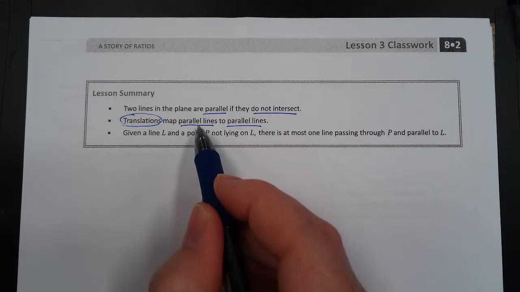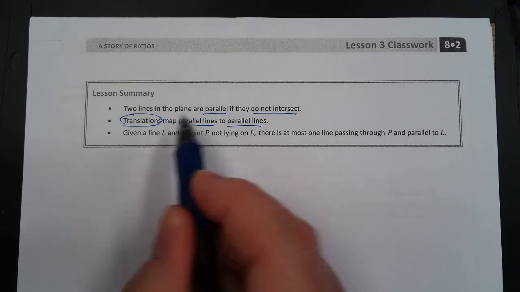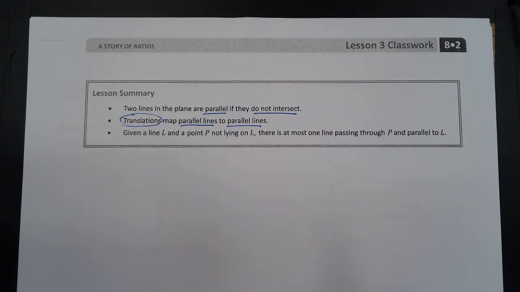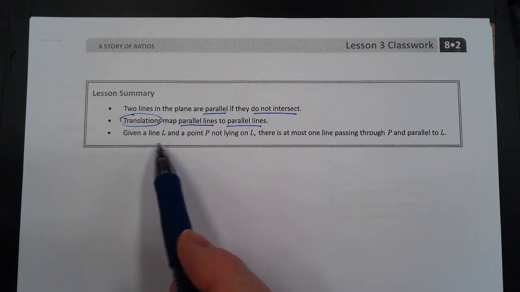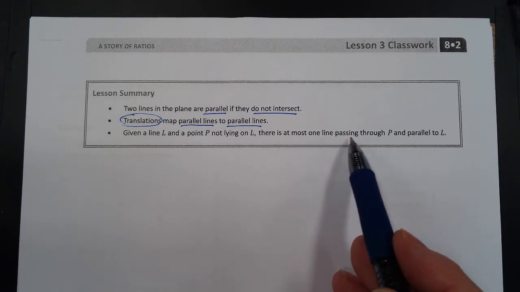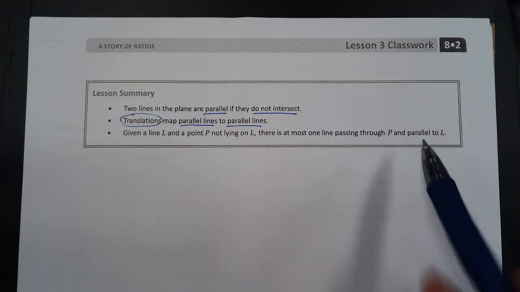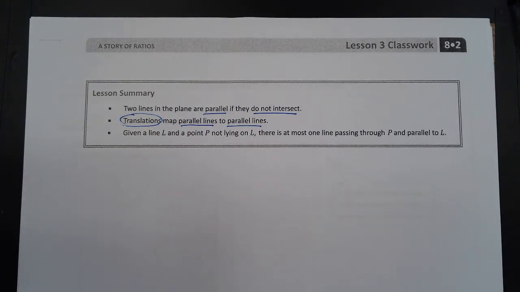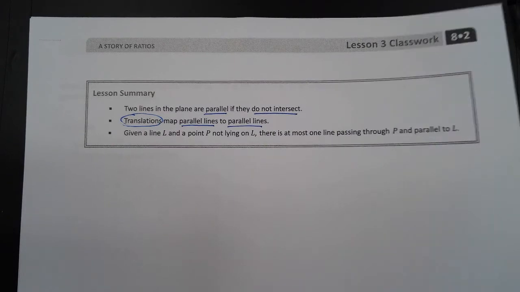If the lines start parallel, they will end parallel after the translations. And then, given a line L and a point P not on L, there is one line passing through P and parallel to L. That's like exercise 1, where it ends up just being the same line through one point.